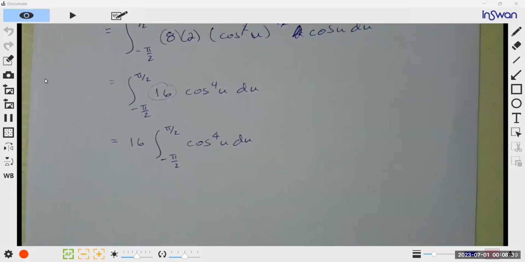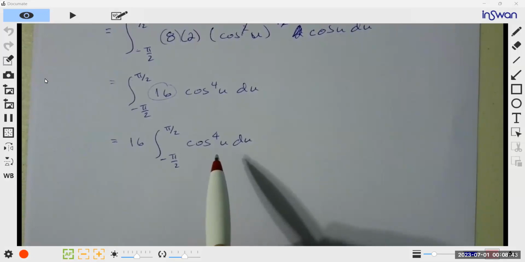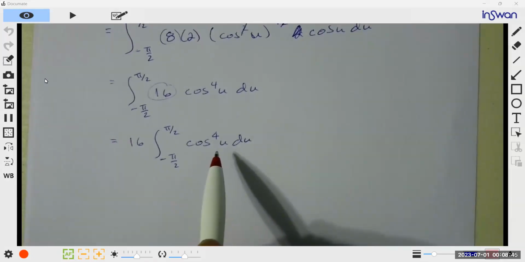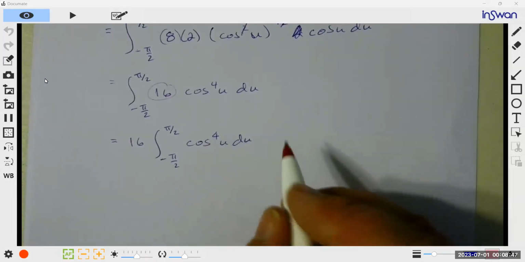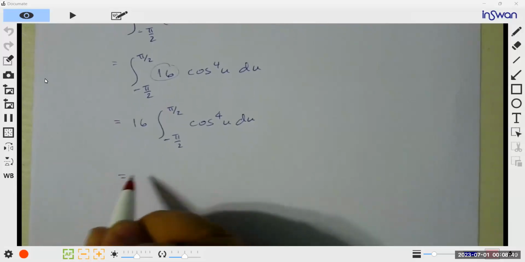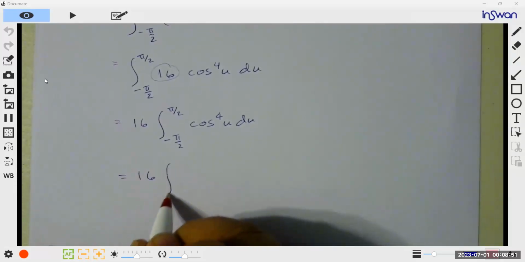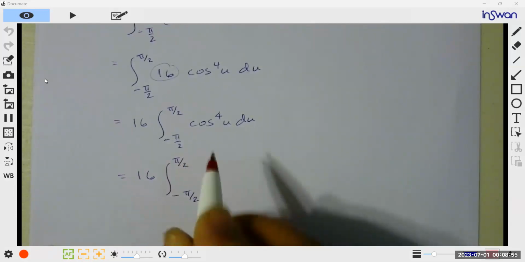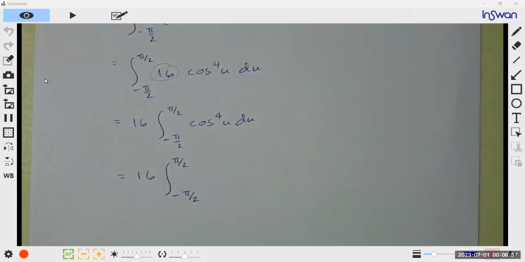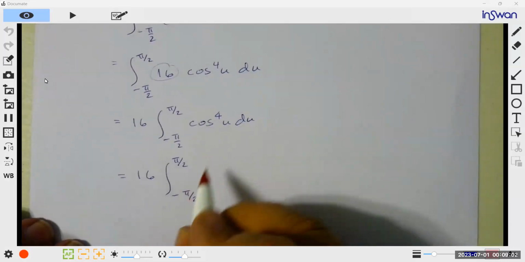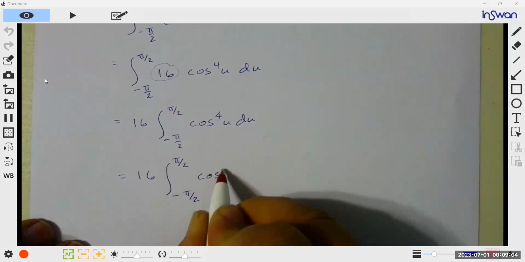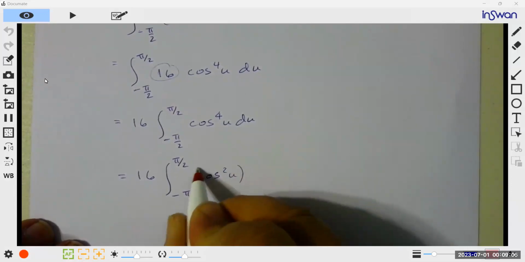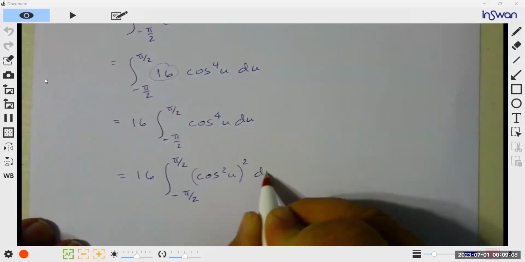Now in our identity charts, what do we have that we could do this with? So this can be rewritten. I just forgot to put the bounds on in our example earlier. So I could convert this one to cosine squared u squared du.